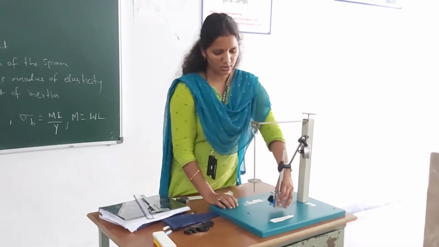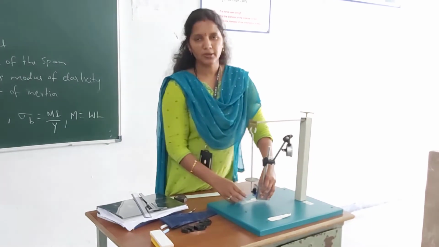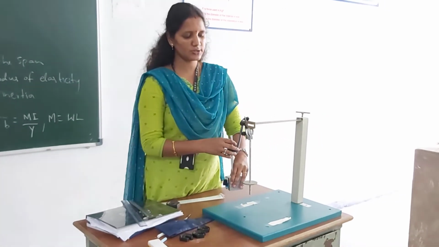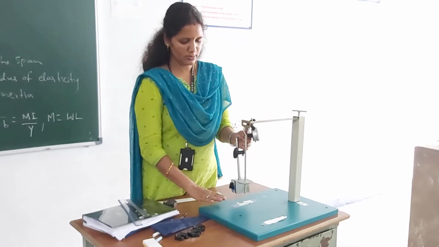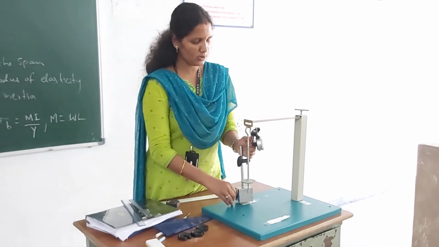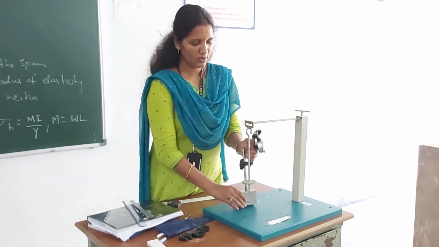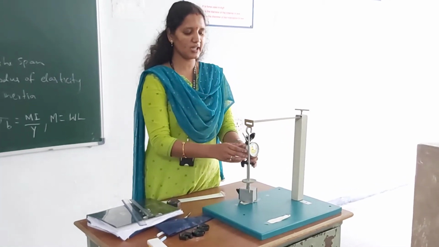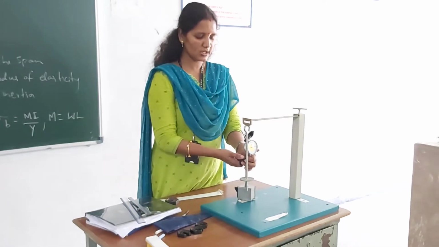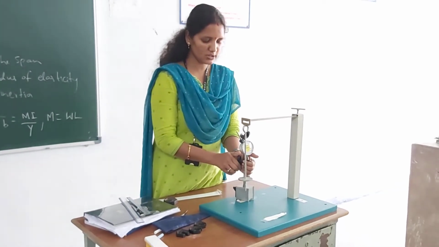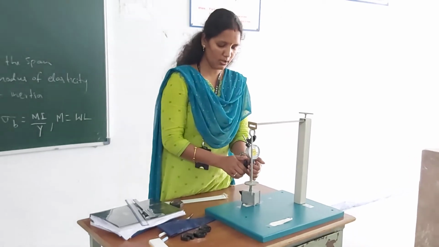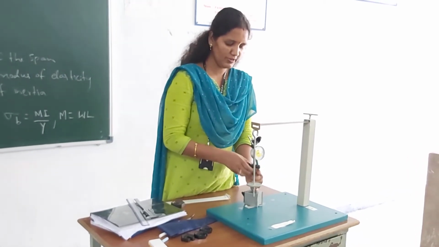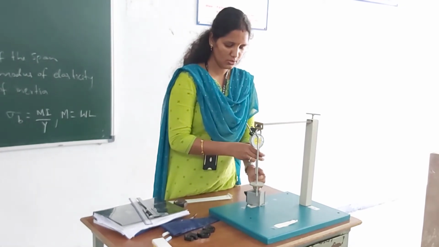If we switch off the clip, we can remove the magnet of the dial gauge from the base of the equipment. This is so that there is no disturbance in the deflection, no external difference except the load application on the beam. Now we will fix up the dial gauge.